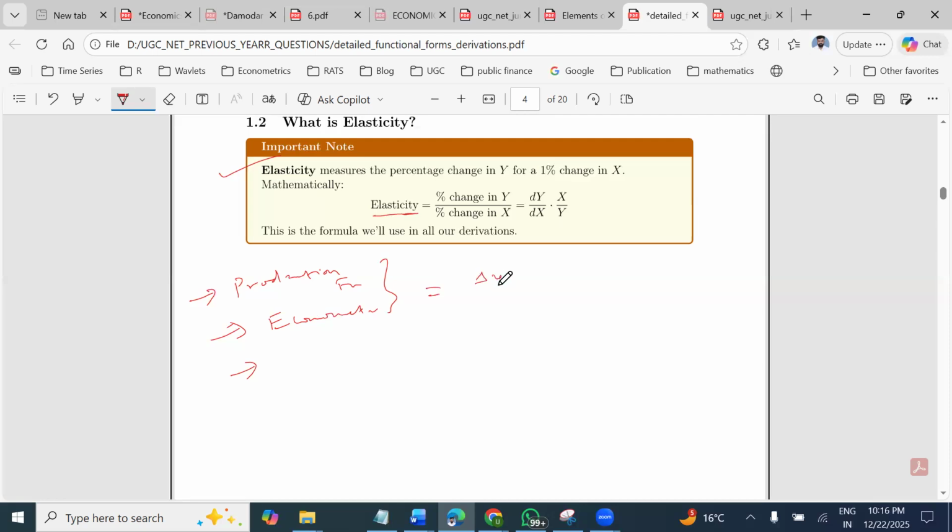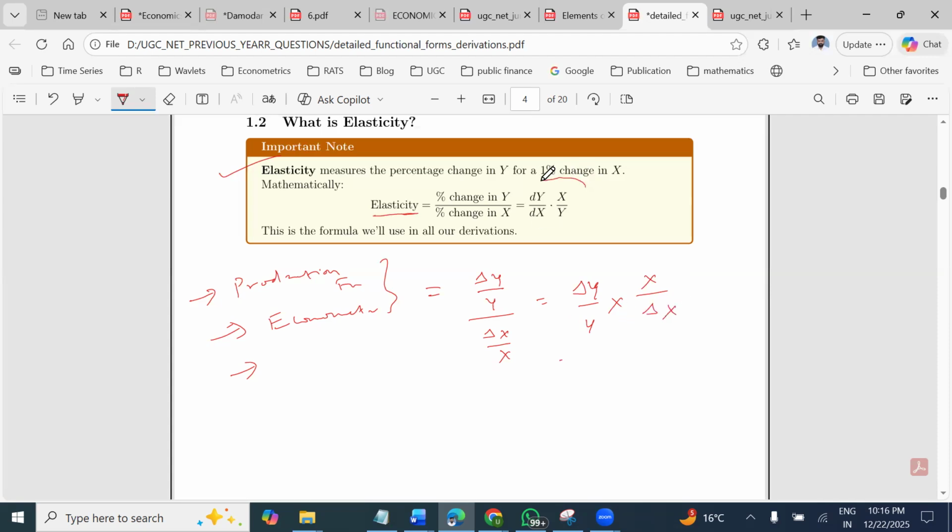We might have taught it like this in the class: delta y by y into x by delta x.